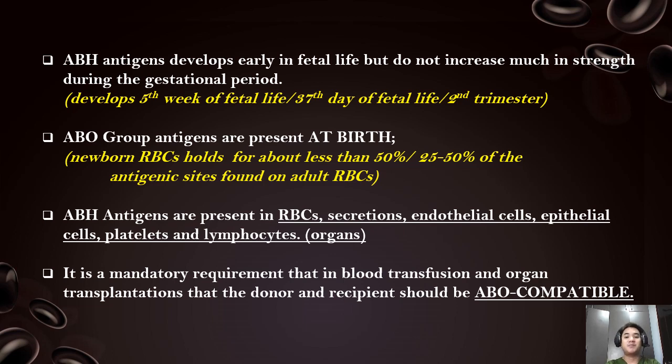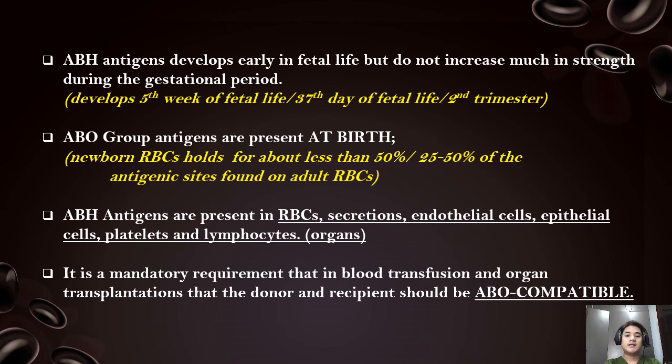So, moving on, since these antigens are said to arise and develop as early as the fetal life, it means therefore that your ABO group antigens are already present at birth. Remember that ABO group antigens are already present at birth. And a newborn accounts for about less than 50% or 25 to 50% of the antigenic epitopes or sites found on adult RBCs.